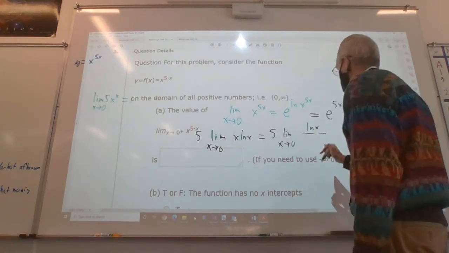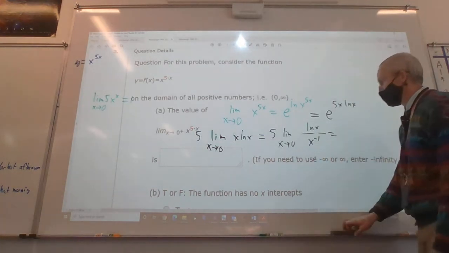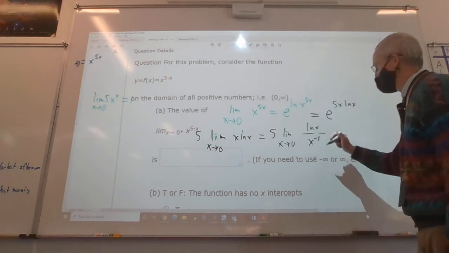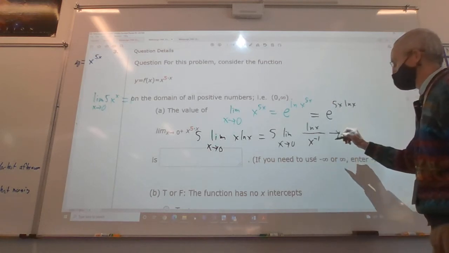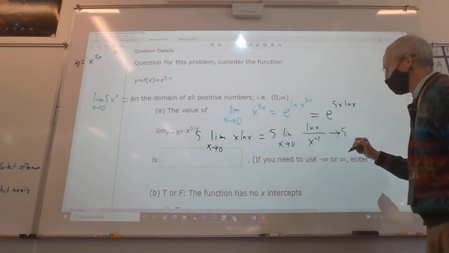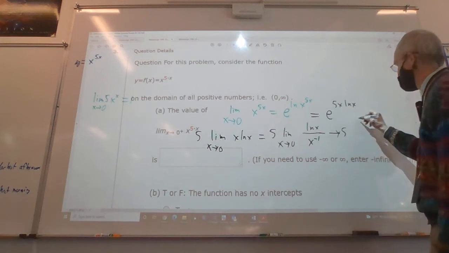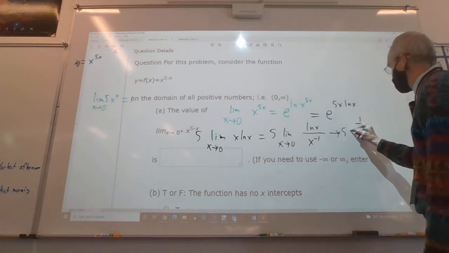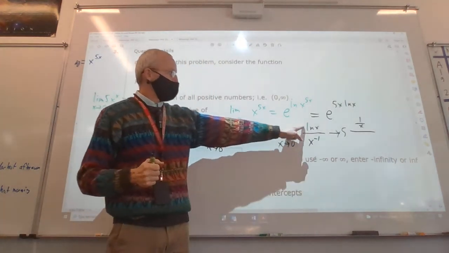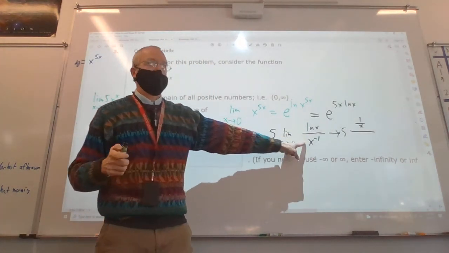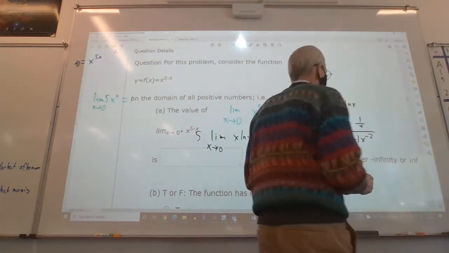It's easier to say x to the negative 1. Now we take the derivative of the top and the bottom. I really shouldn't say equals, because it's not the same thing, but it works. So that goes to, can't forget the 5, the derivative of ln of x, super easy, that's 1 over x, divided by, now we're using L'Hopital's rule, the derivative of x to the negative 1, which is negative 1 x to the negative 2.